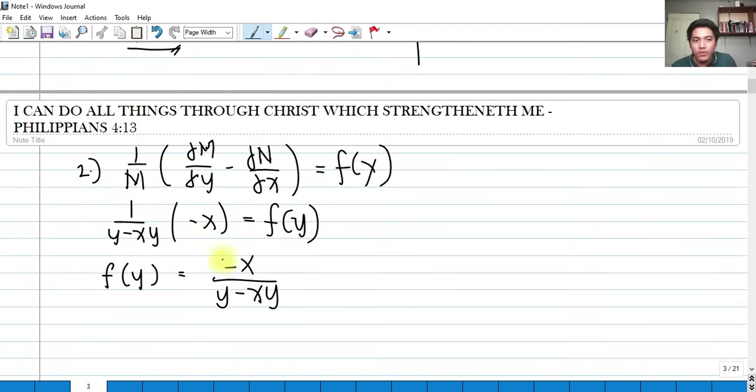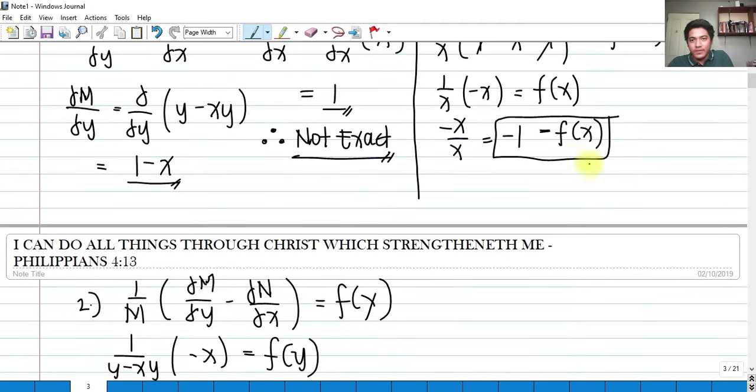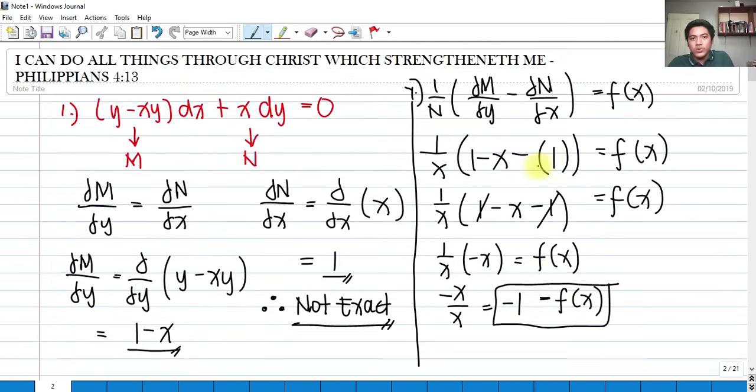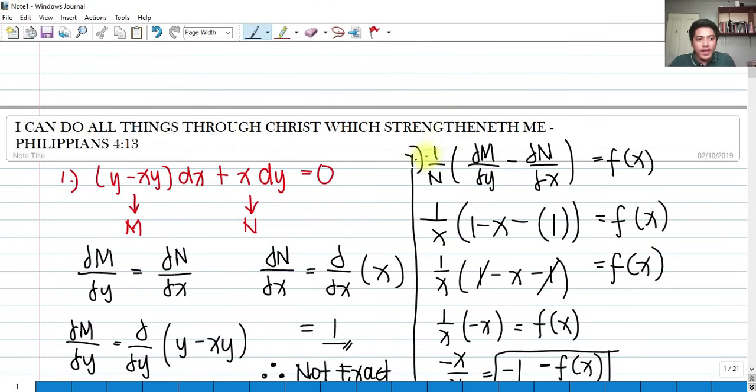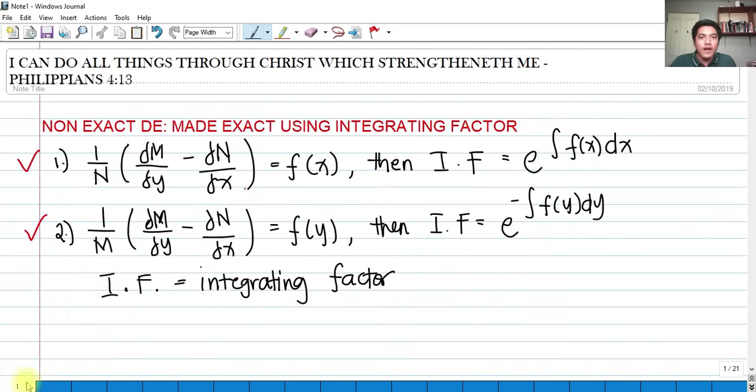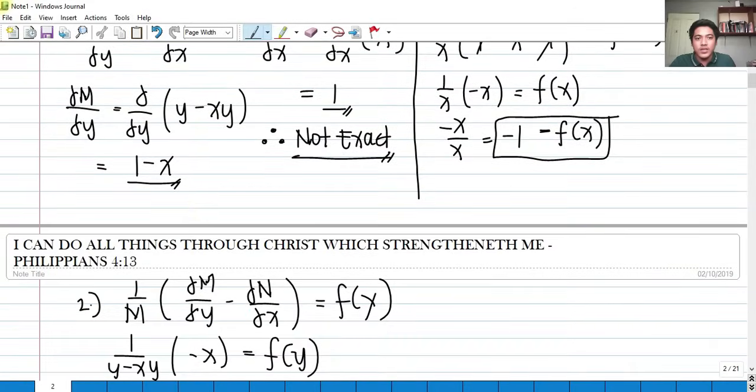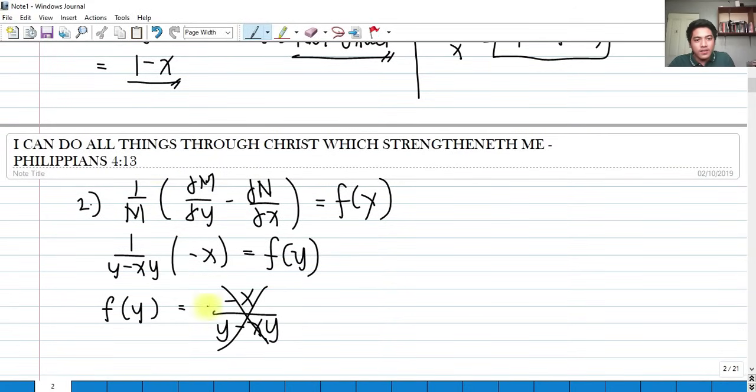So we must not use this, but rather the first one. If we use our first formula, then the formula for the integrating factor is e raised to the integral of f of x dx. So we're going to use this. This one is not okay. Do not use it, because it contains two variables x and y.